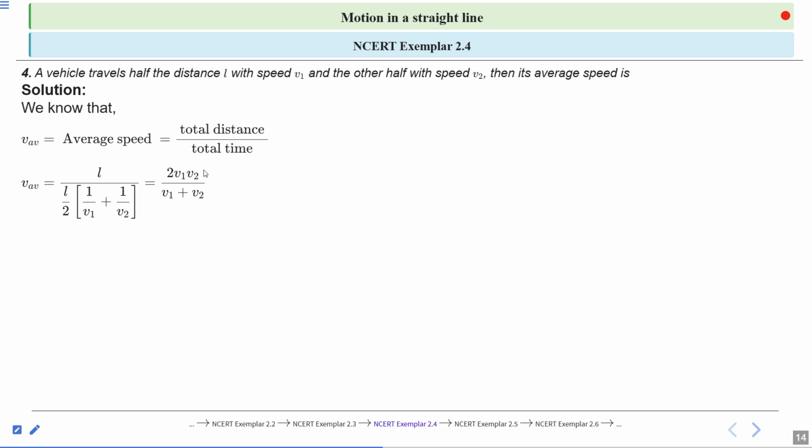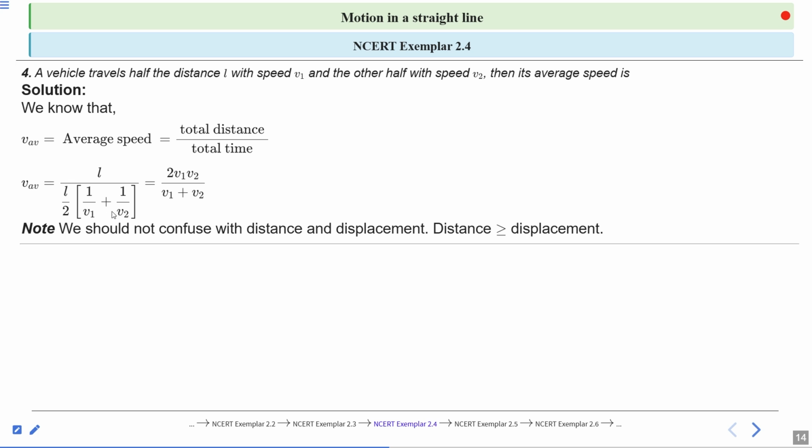Here t1 plus t2 is L by 2 into 1 divided by v1 plus 1 divided by v2. Now take LCM, v1 v2, you will get 2 v1 v2 divided by v1 plus v2. So the average speed is 2 v1 v2 divided by v1 plus v2.